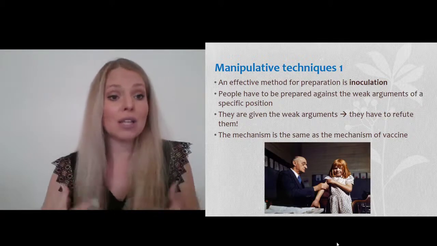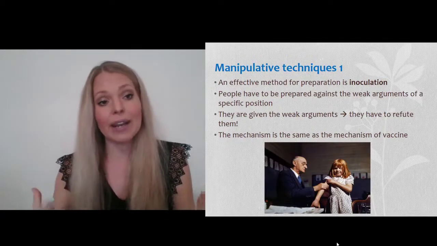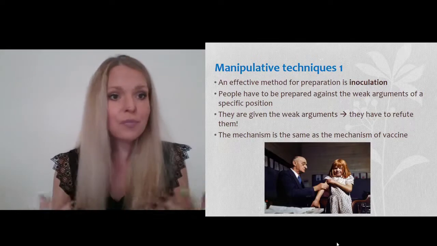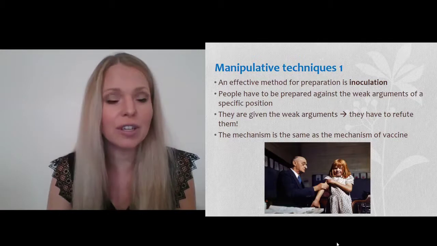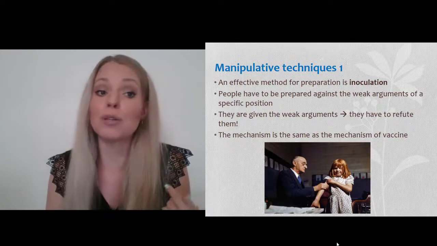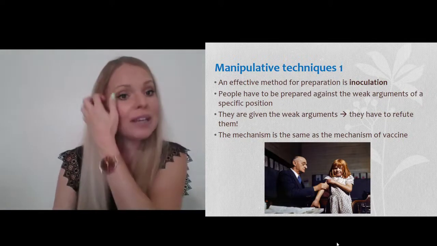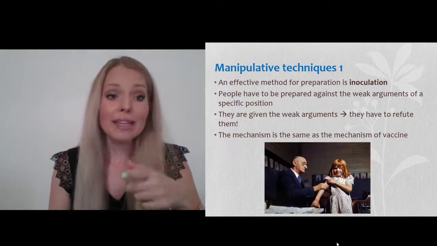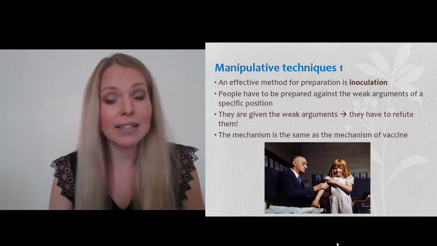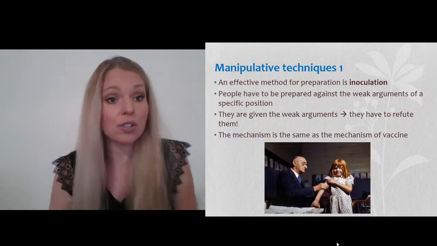And then your body starts working against it, and creates quite a strong reaction towards the real virus. So when the real virus comes, your body will react really well and will not be affected that much. This manipulative technique works just the same way as inoculation, vaccination does, really.